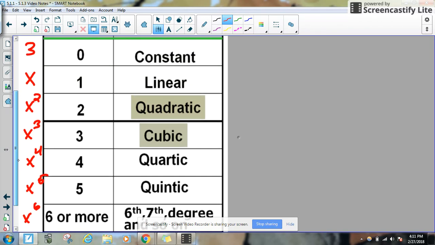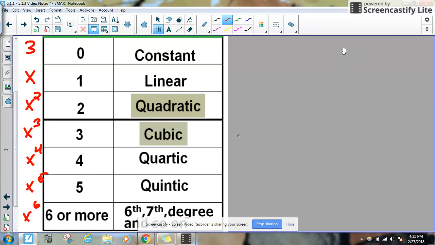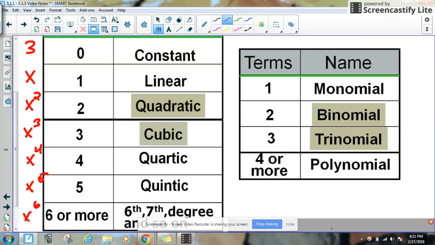The other way you can classify a polynomial is based on the number of terms it has, okay? And if you forgot, the number of terms a polynomial has is always dependent on the number of addition or subtraction signs. So for example, if I do like 3x, this is actually considered to be one term. But if I then add something else to it, like a 4, now it's 2 terms.